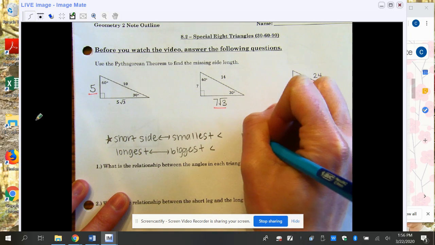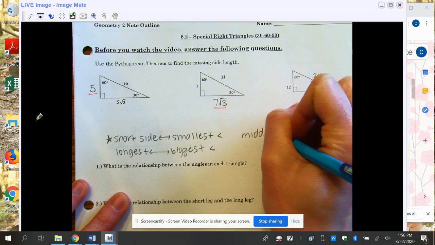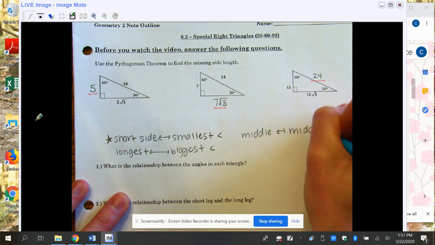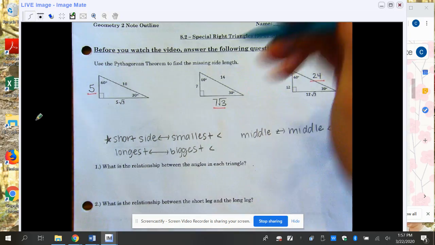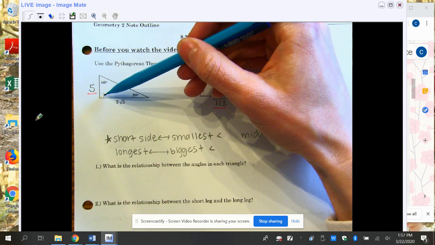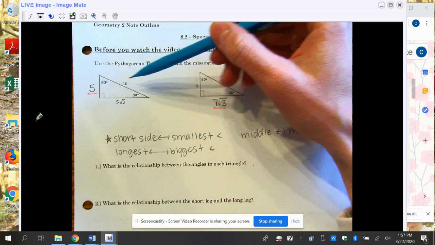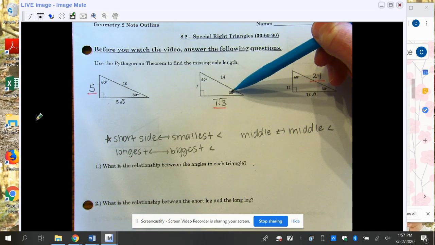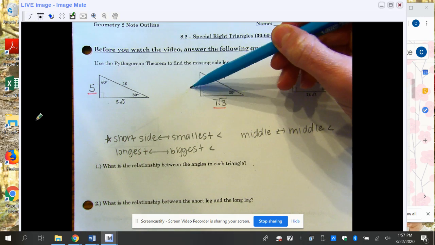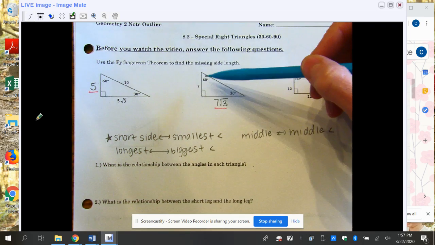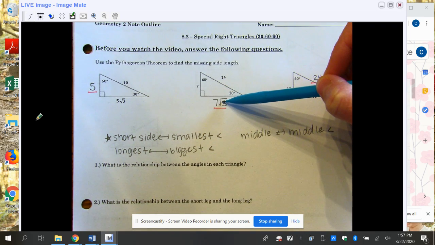And the middle side is always across from the middle angle. So when we're looking at our triangle, our 90-degree angle will always be the biggest one if it's a right triangle. That means the hypotenuse always needs to be the longest side. The 30-degree angle is always going to be across from the shortest side, and the 60 is always going to be across from the middle side.